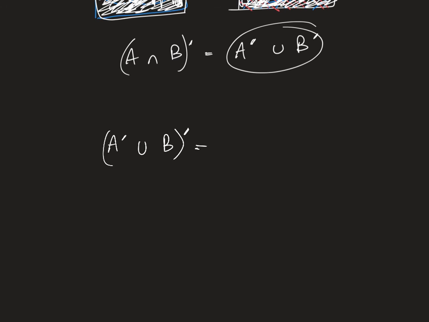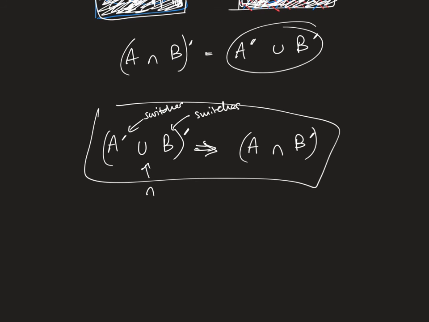What will then happen is we're essentially going to do the opposite of each. So that becomes A, and instead of becoming not, it just becomes normal. It switches. The B will also switch, and the union will then flip to become intersection. So those are the same as each other, and that's a little trick just in case you get much harder questions.